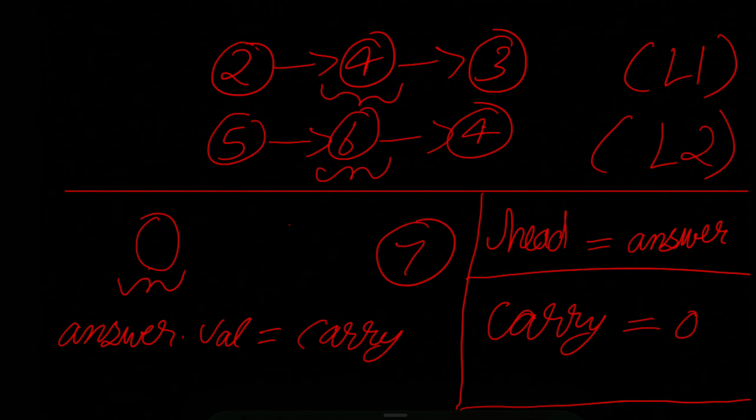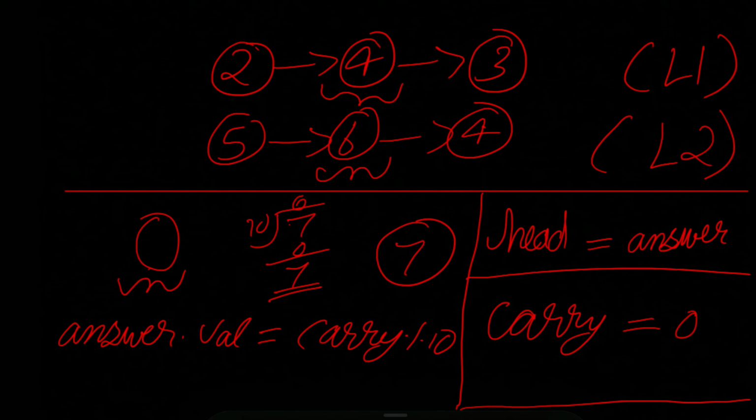In this case, answer dot val will always be the first node, equal to carry modulus 10. So this will be performing a function something like 7 modulus 10, which will be equal to 7. So we know that there is no carryover for this, right?